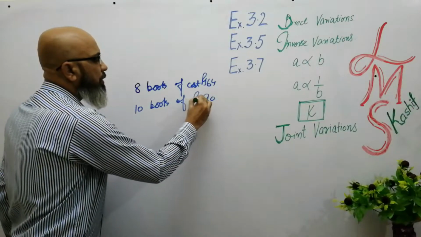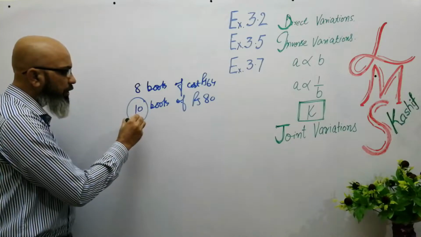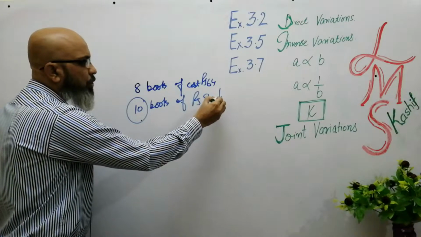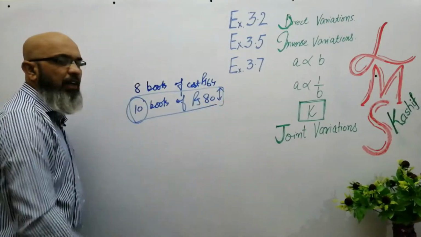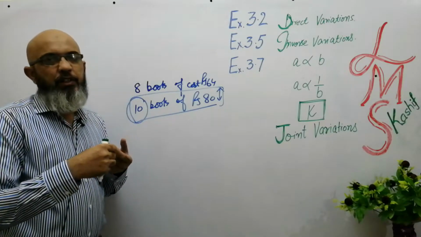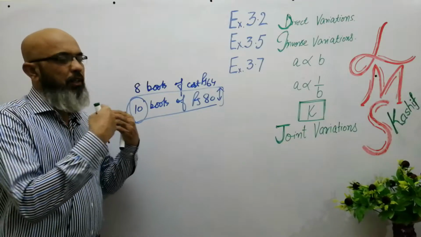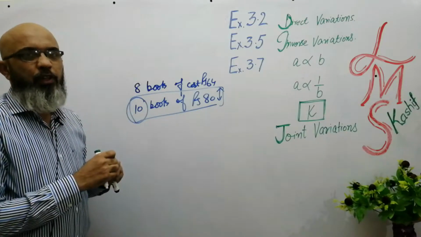Surely 80 rupees. Now look here, if one quantity is increased, the other one is also increased, so it is direct variation.